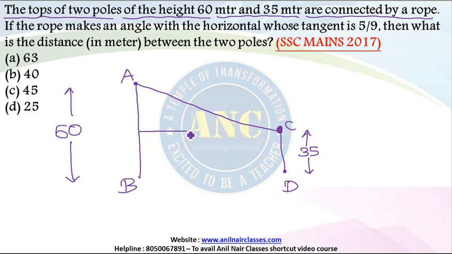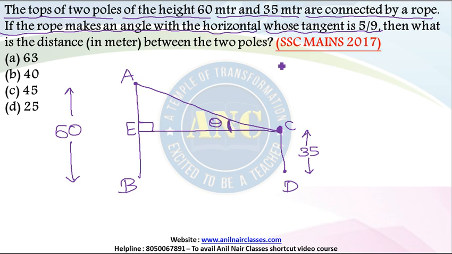Now if I draw a horizontal line here, this becomes a right angled triangle. Let me call it ACE, a right angled triangle. Okay, I don't know the angle. Let me call the angle theta itself. Fine, absolutely fine till this point. The rope makes an angle with the horizontal whose tangent is 5/9, the angle I called theta.